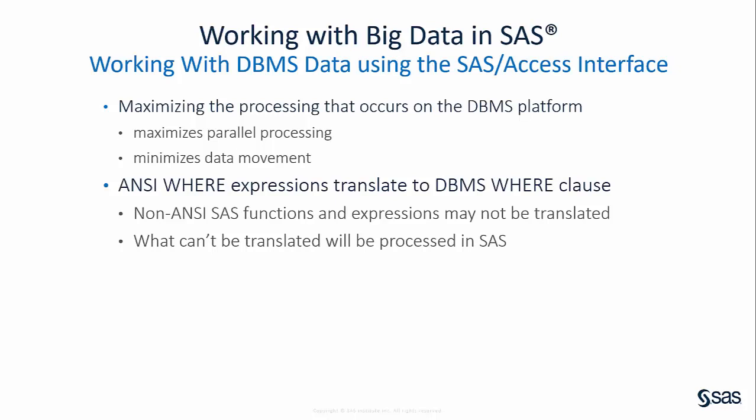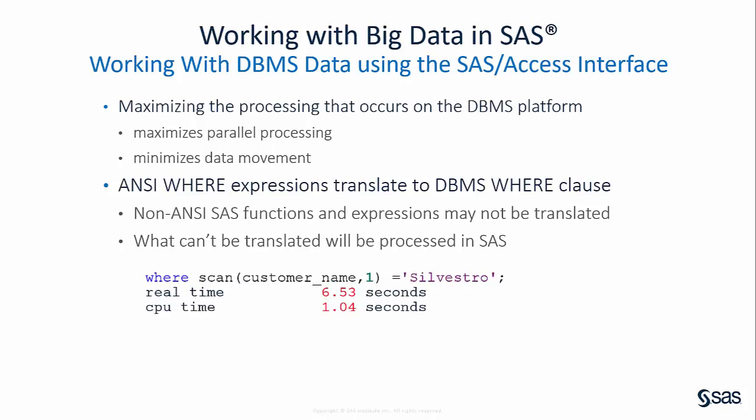Whatever you use in your workflows that cannot be translated, SAS will do its best to do as much subsetting as possible on the database, but then it will have to bring back a larger subset in order to finish that process in SAS.